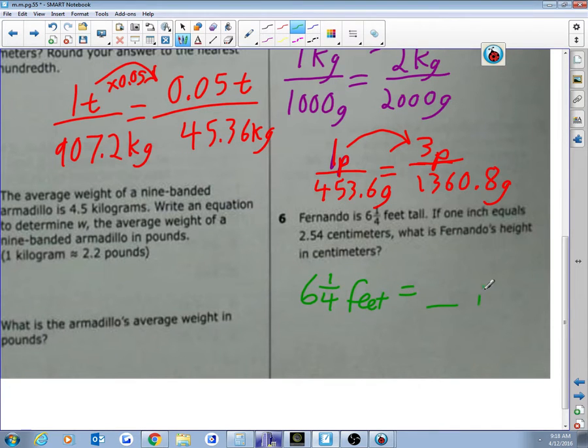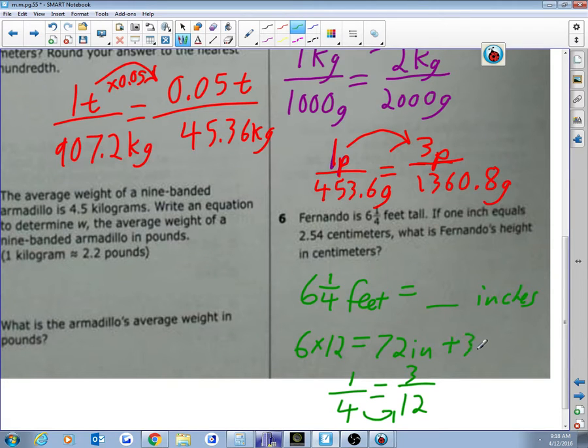Well, 6 feet will be 6 times 12, 72 inches. And then 1/4 foot, well a foot is 12 inches, so 1/4 foot would be 3 inches. So 72 inches plus 3 inches will give us 75 inches.